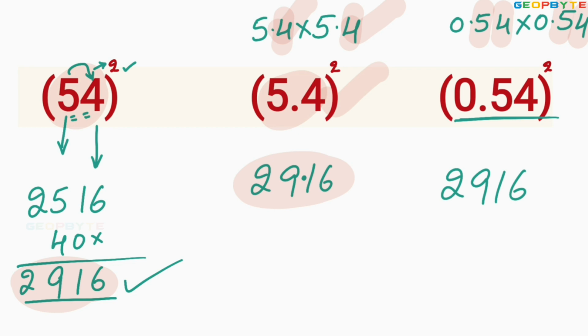Then you mark the decimal point after 4 places. It means 0.54 square is equal to 0.2916. See how simply you are getting your answers. I hope all of you clearly understood.